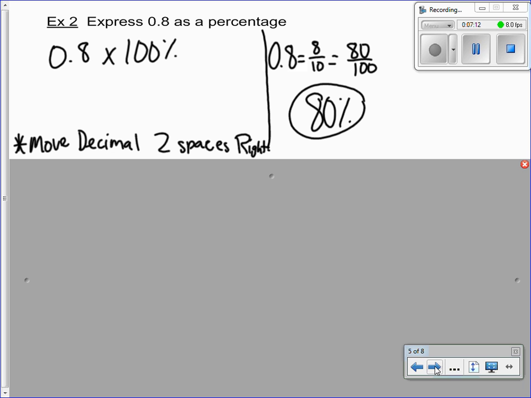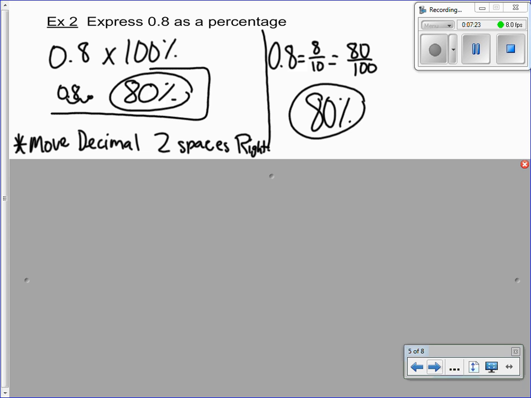So 0.8, moving it 2 spaces to the right, and we fill in with a 0, gives us 80%. And this would be enough work right here in order to come up with an answer. You could even do that in the problem and then just come up with an answer. Some kids like that, some kids use both depending on the complexity of the problem.